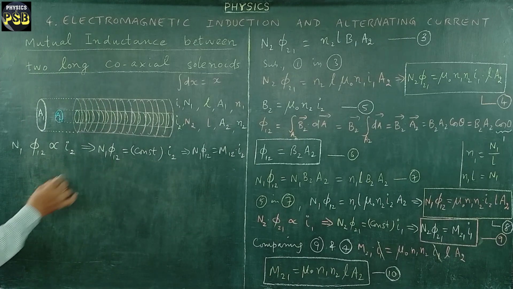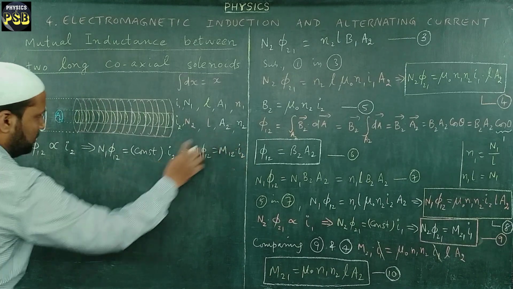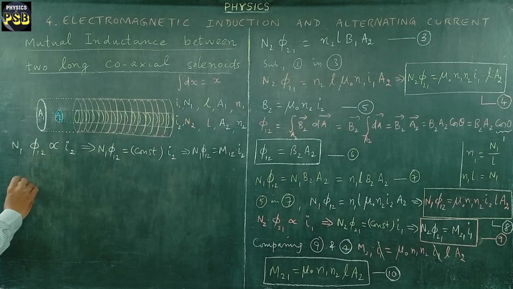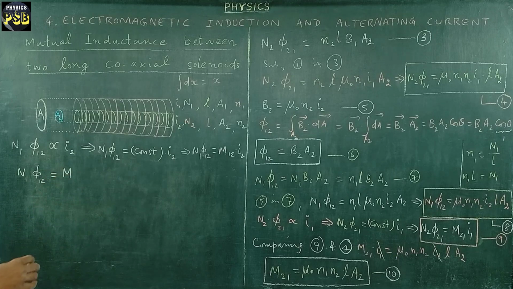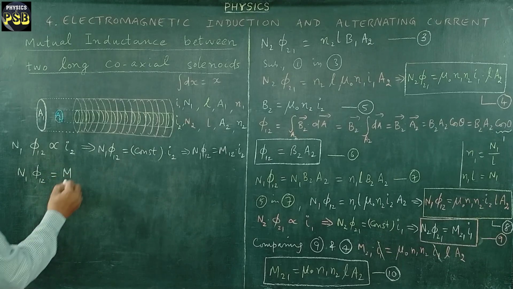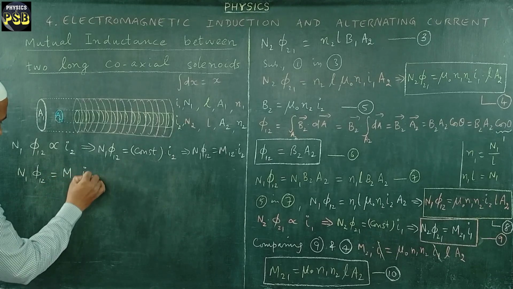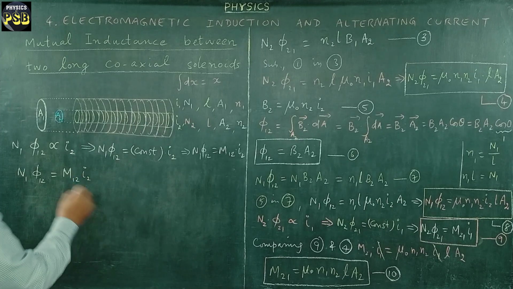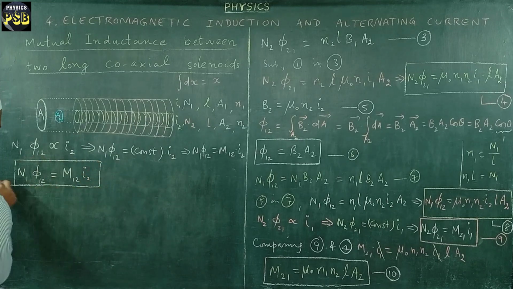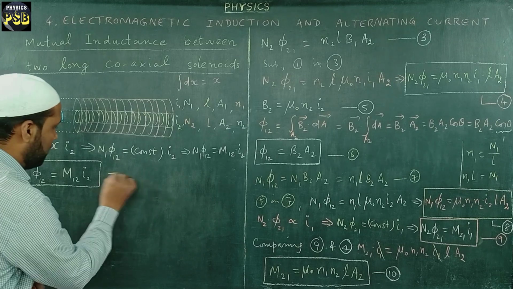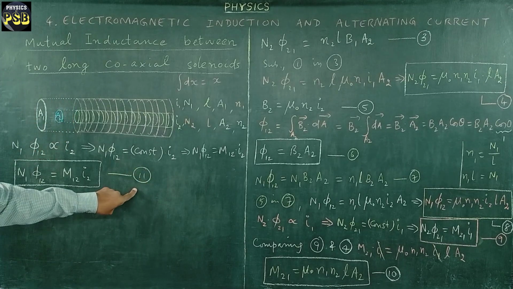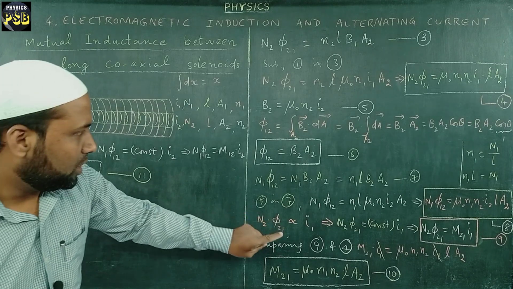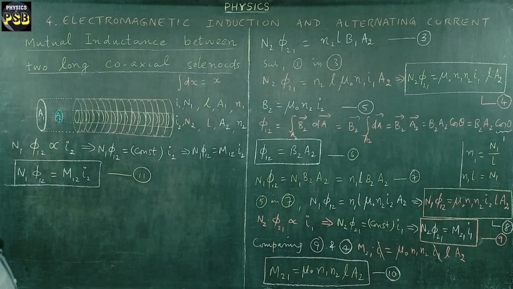So the next step, write this here: N1 φ12 equals M12 I2. I name this one as equation number 11. Okay. Now I'm going to compare this with equation 9.